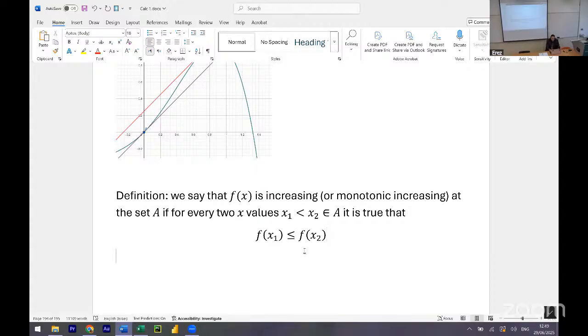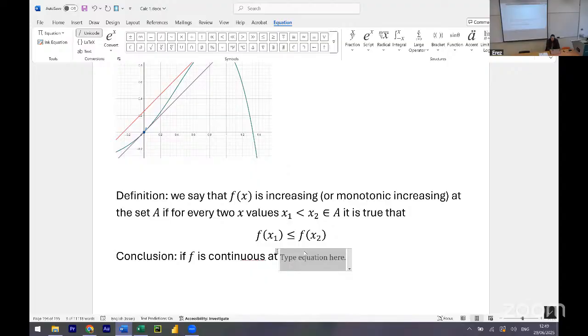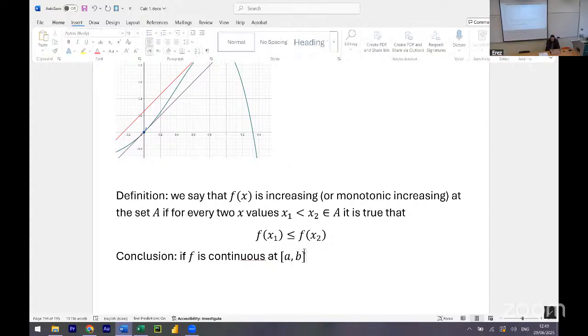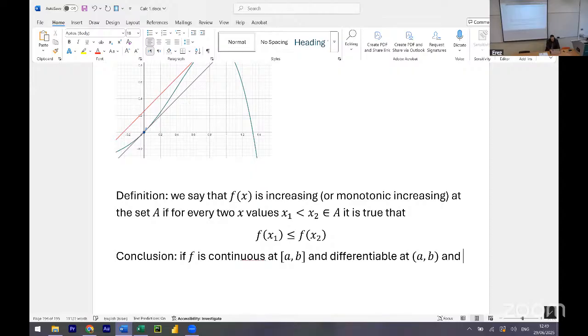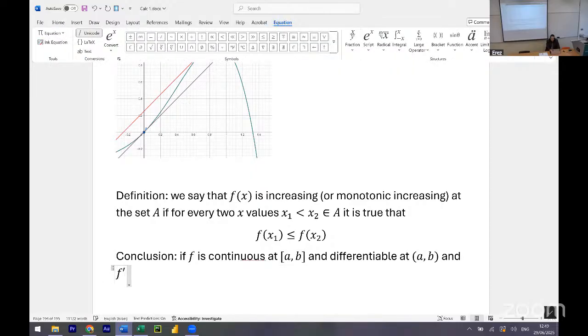So, conclusion: if f is continuous at [a,b], and differentiable at (a,b), and f prime is non-negative at (a,b).